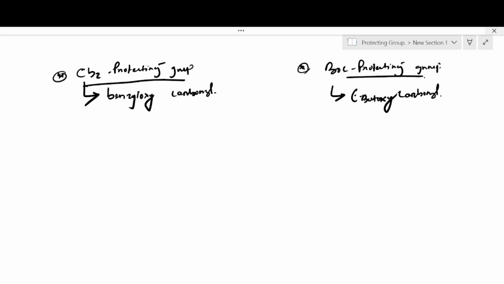So how does it look? When it contains a carbonyl, it is a carbonyl. Now benzyloxy.